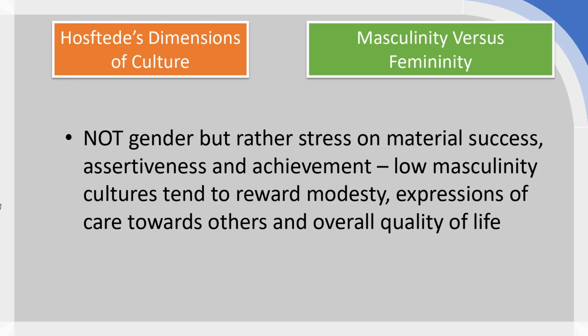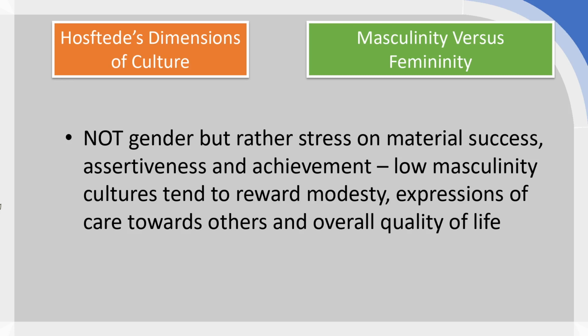So masculine cultures, and we can see Hofstede coming from a particular time, so these are quite a few decades old, and we can see that there's a certain amount of gender reading into naming these masculinity versus femininity, but to be honest, you can replace the names with anything else and they would still hold true.